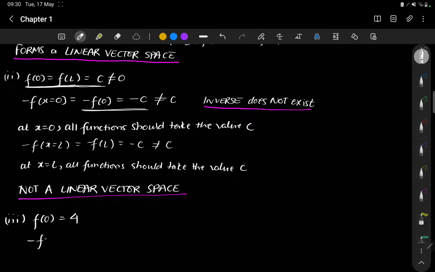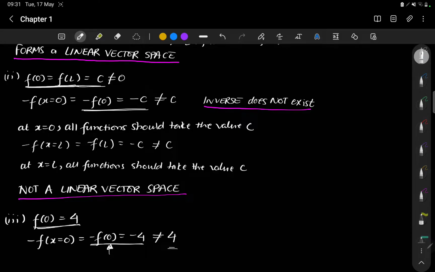Why? Because minus f at x equal to 0 is minus f(0), which is equal to minus 4, which is clearly not equal to 4. So the function value at x equal to 0 should be equal to 4, but we are getting minus 4.